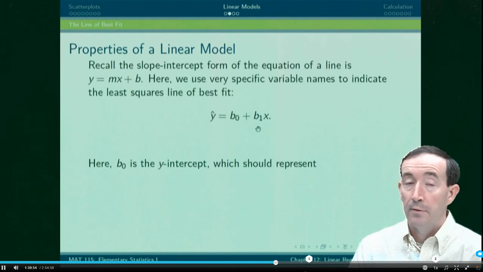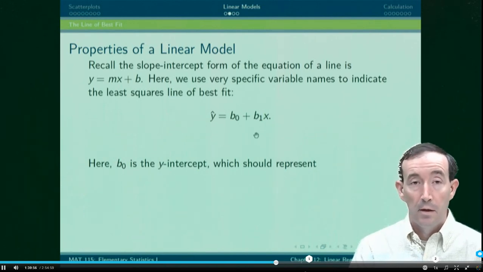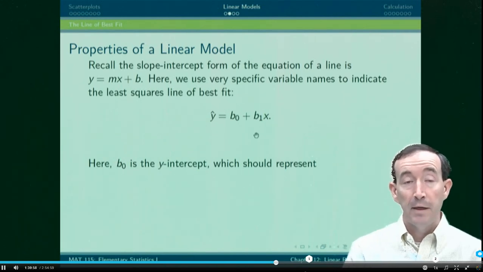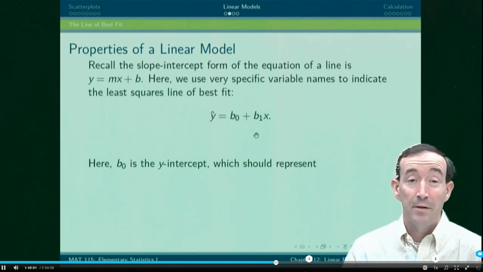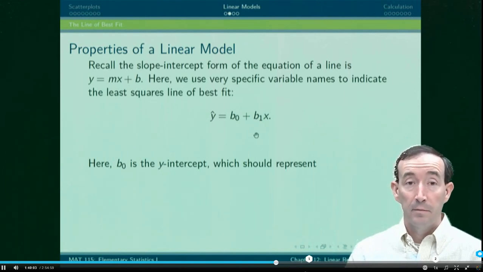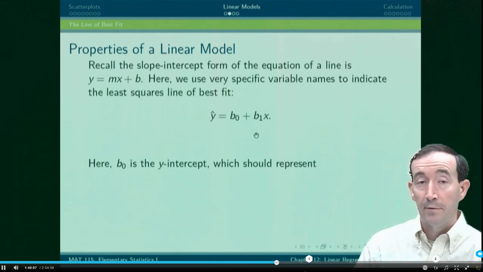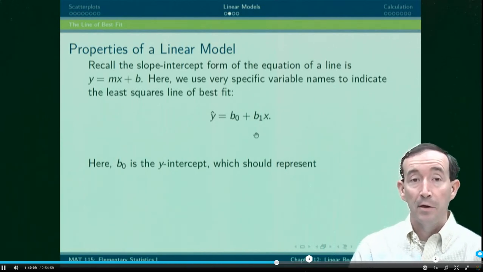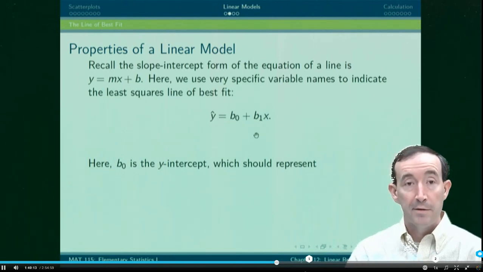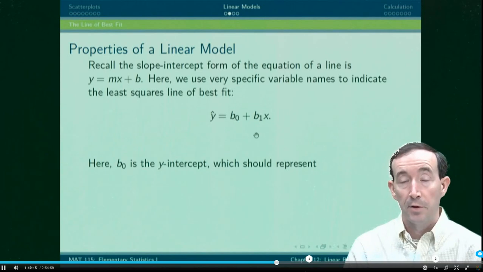So you can think of it as the predicted y value when x equals 0. In different situations, that will have a different meaning. And in some situations, that will have a nonsensical meaning. There will be nothing that can possibly tell us of value. But in many cases, it will tell us something of value, and if it does, that's how we know what it means. Ask yourself, what did it mean for x to be 0? This is the prediction for y in that situation.